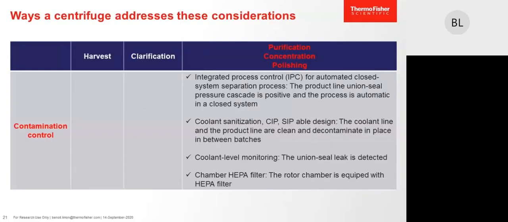And in case of the purification, concentration, polishing, if the continuous flow machine is used, then it's possible to use an automated system called the integrated process control to maintain the positive pressure through the seal and to avoid the positive pressure cascade.